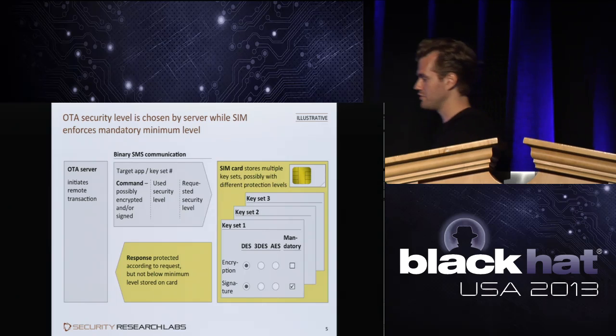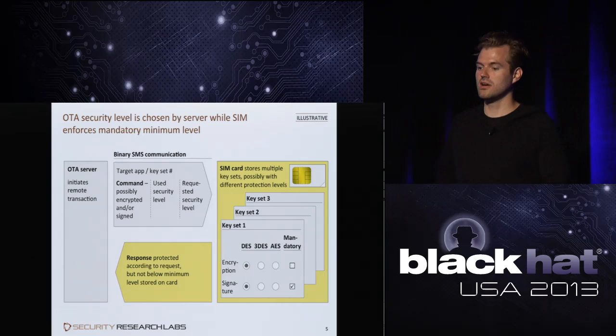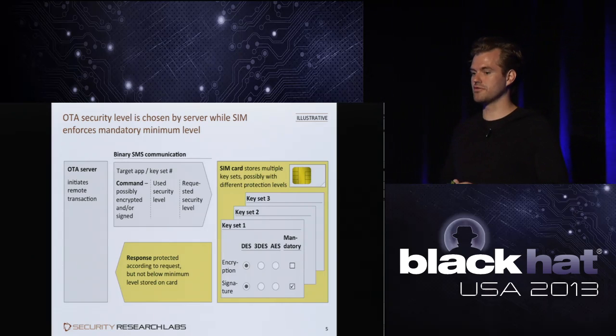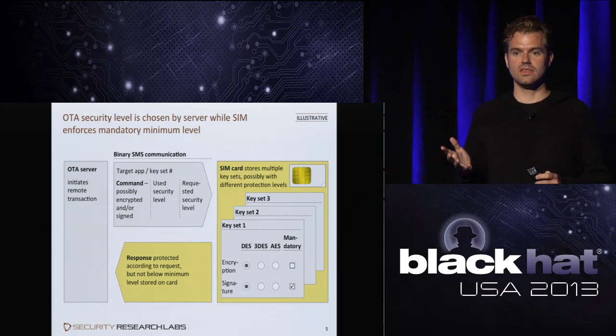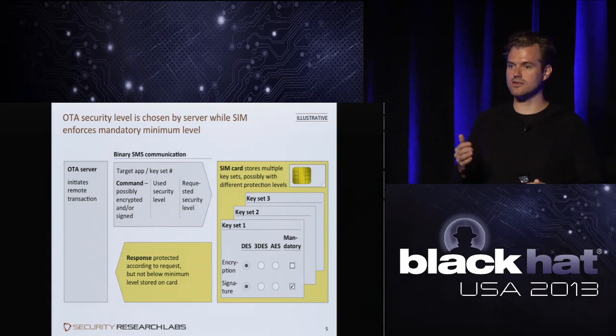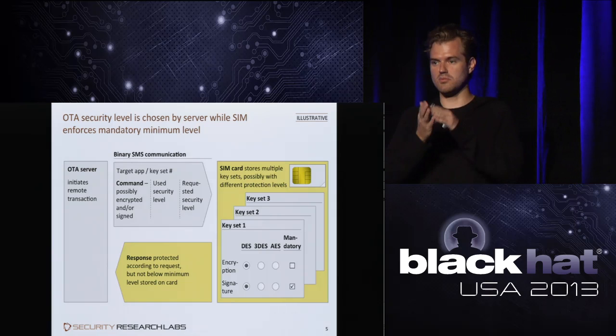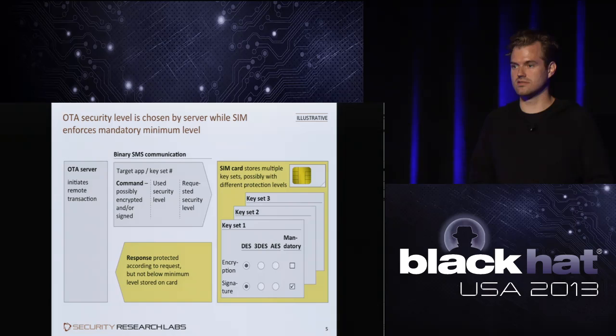The SIM card is configured at manufacturing time or at initialization time with a number of keys. So it doesn't just have one key that somebody from the outside can speak to, but a whole number of keys. And these are, again, assigned to different applications. So it can have a number of applications, and for each of the applications, up to 16 keys.